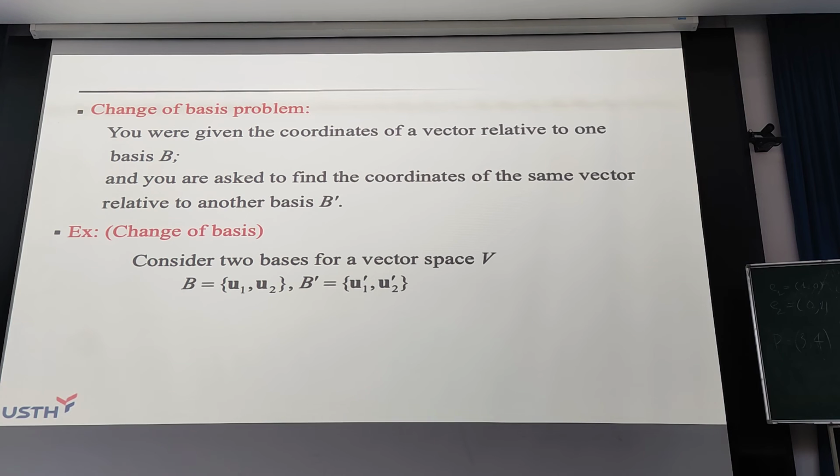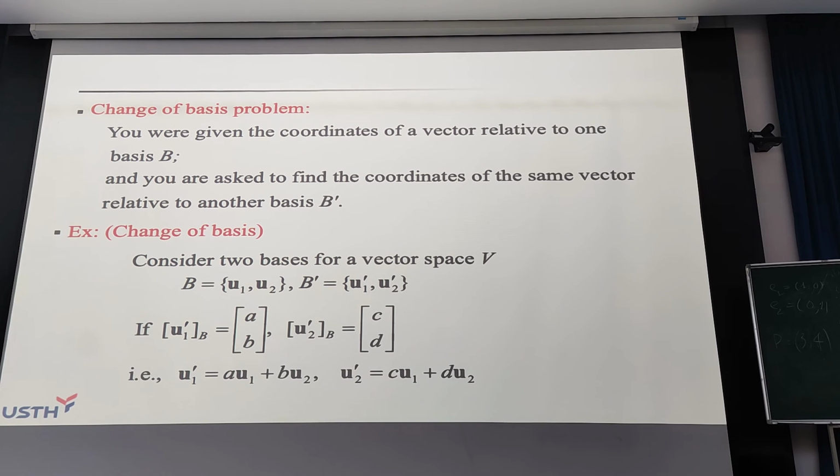Now, because B is the basis of V, U1 prime will have a coordinate inside B. The coordinate of U1 prime inside B is A and B. The coordinate of the second vector U2 prime inside the basis B will be C and D. That is the assumption. We consider that.